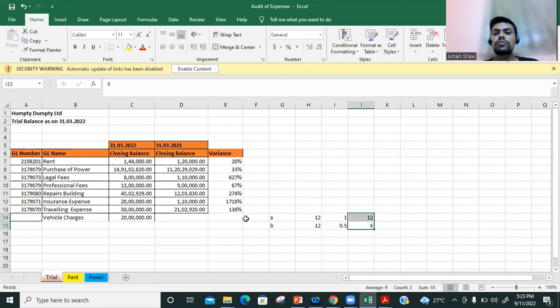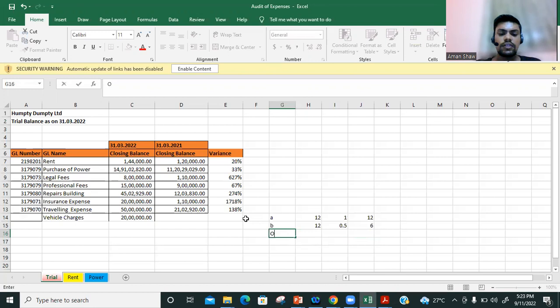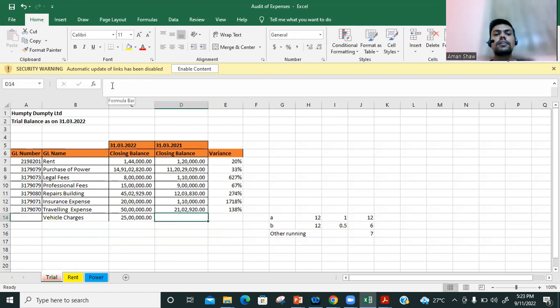And then you can add the other running charges of the bus, which come to suppose 7 lakh rupees, making a total of 25 lakh rupees. So this is the thought process and the way you do the checking of expenses.